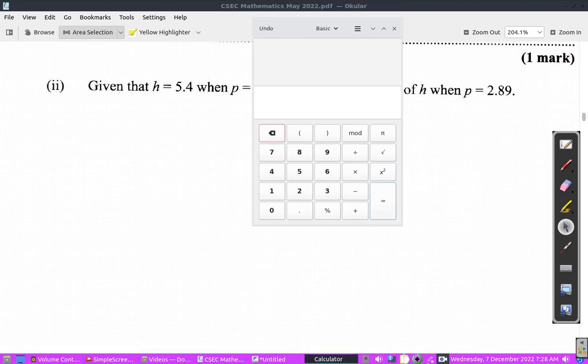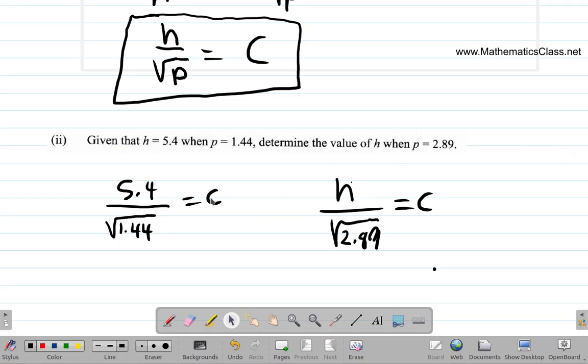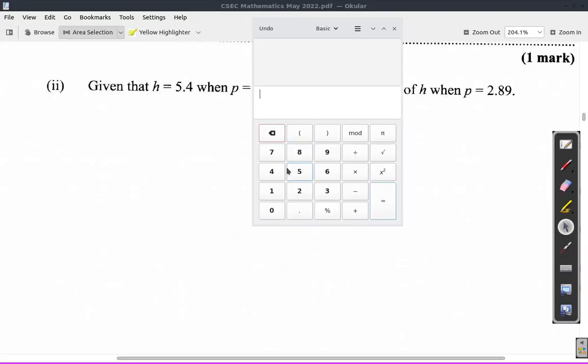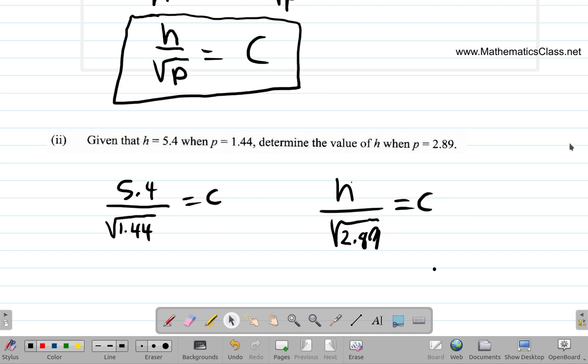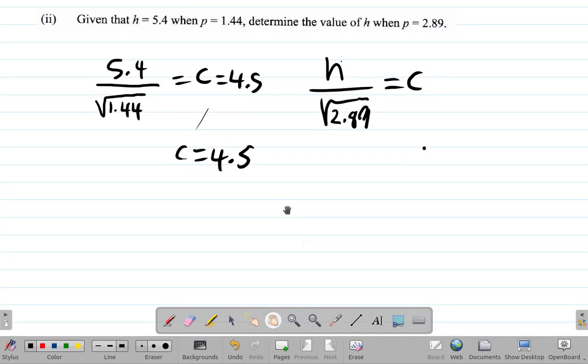What did we have over there again? 5.4 over the square root of 1.44. 5.4 divided by the square root of 1.44 equals, and we get 4.5 as our constant. So this is equal to 4.5. So C is 4.5. Our constant is 4.5.